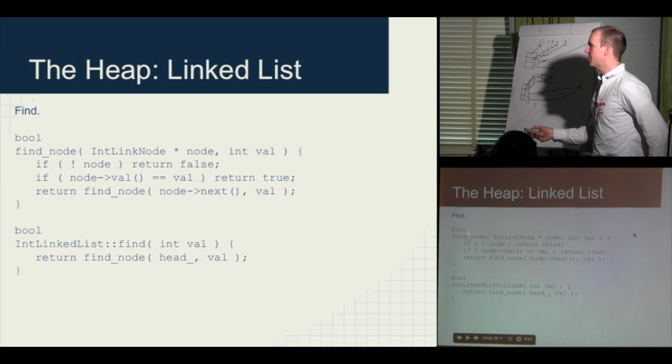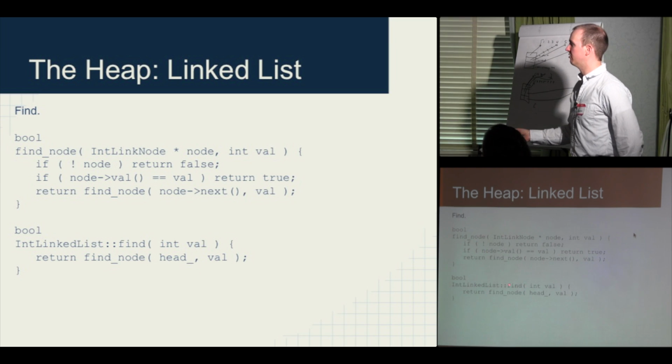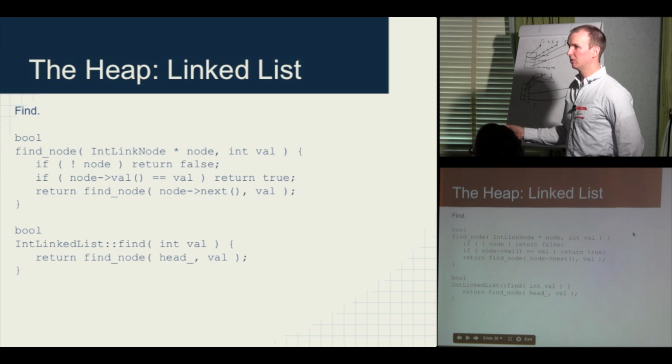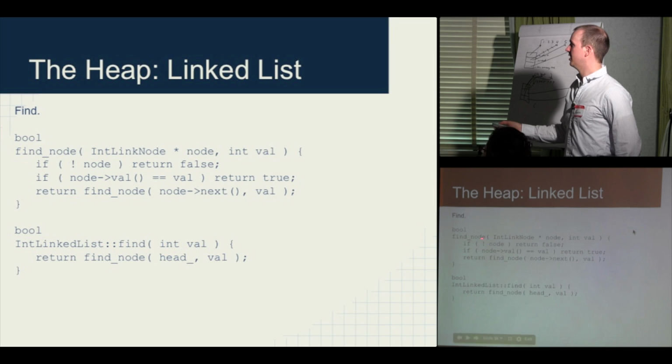Okay, so let's consider this in two parts. The function find itself, and then this function, which is going to do the finding. And the easiest way to do it is to recurse. So find node, you give it a node, and you ask, does that node have this value? And so the logic could be, if node is the null pointer, then no, we're done.